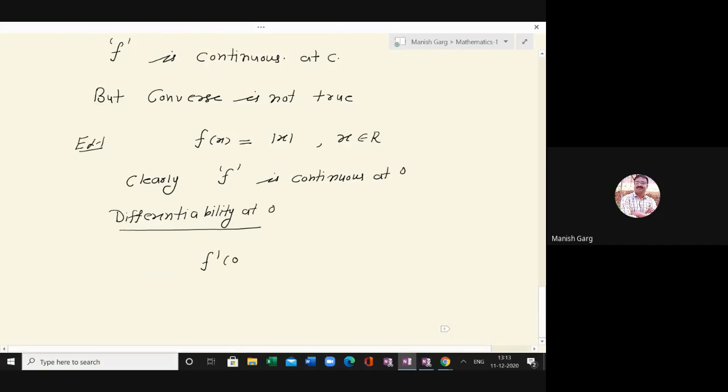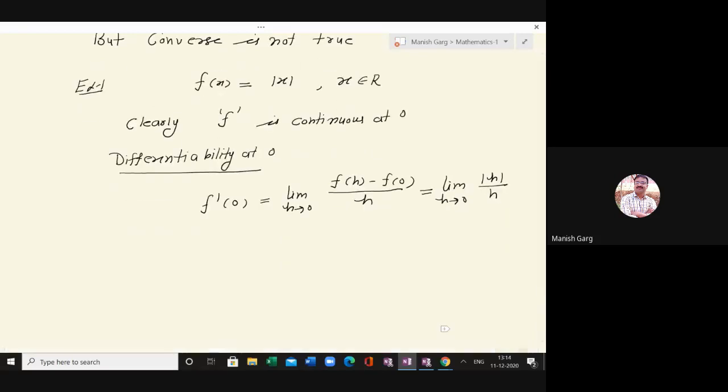F dash 0, you can check by right hand derivative or left hand derivative. I am doing directly f(h) minus f(0) over h. So this is the limit as h tends to 0 of mod h over h. So f dash 0 will be 1 if h is greater than 0, and if h is less than 0, this is minus 1.